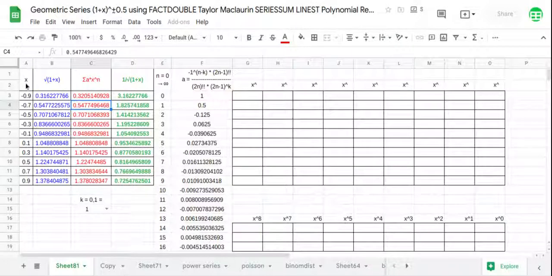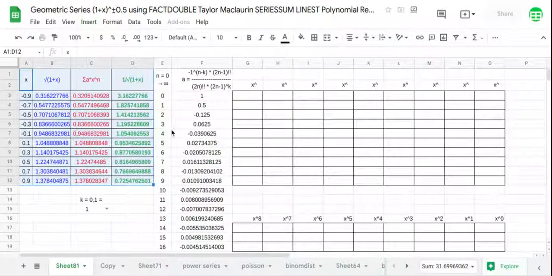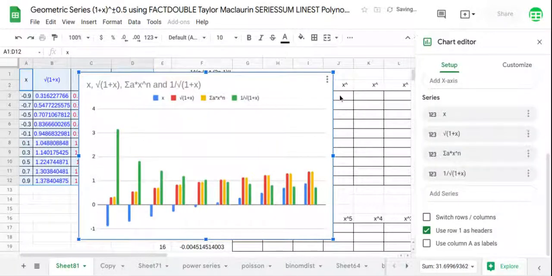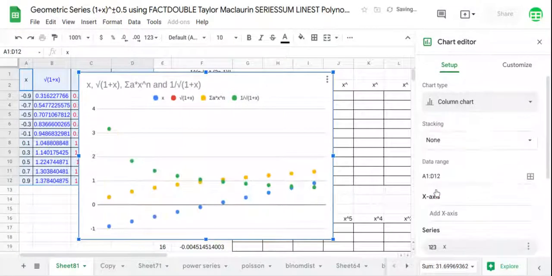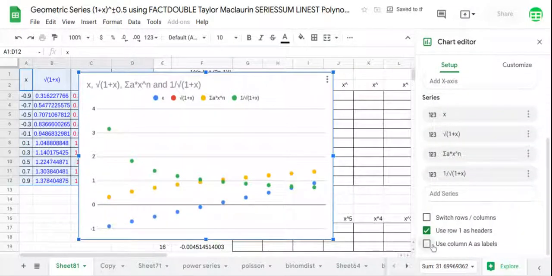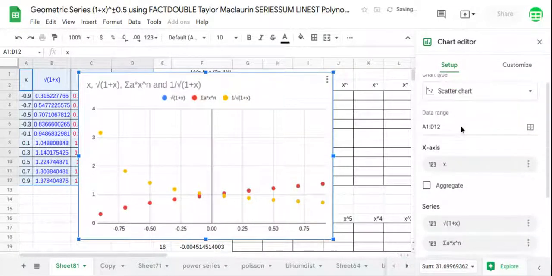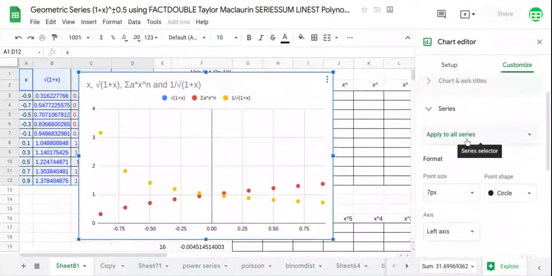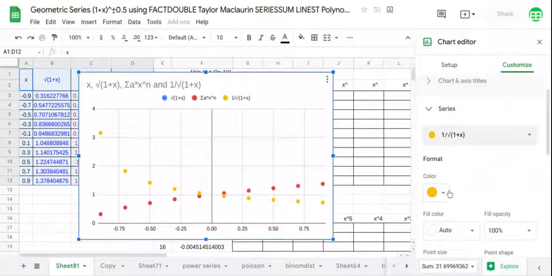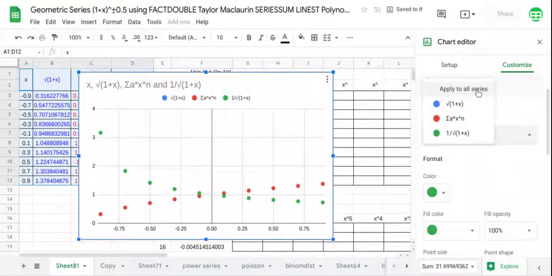And we'll chart this. Insert chart. And we use scatter chart. Column is label. And we show the trend line. So for the series, we don't have yellow. We change that to green. So that's our series.